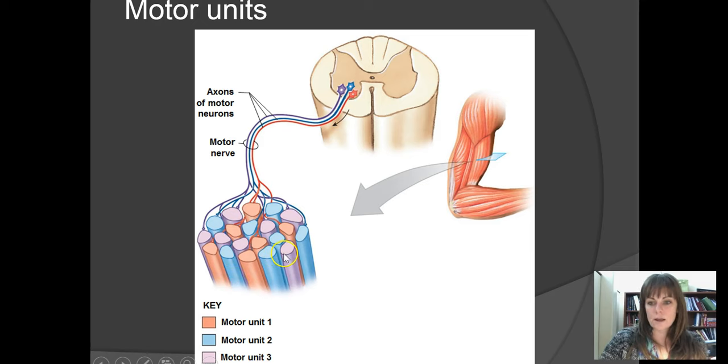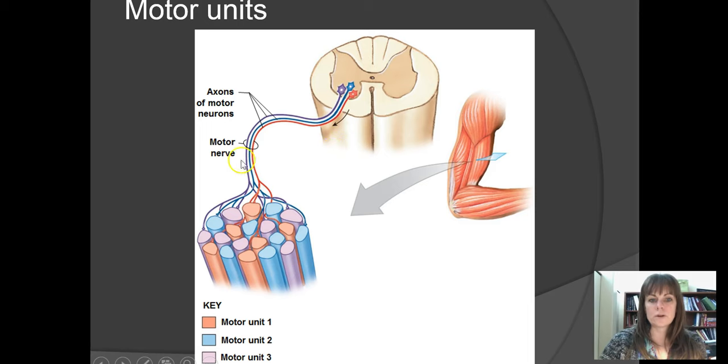Well, it turns out that we don't just have one motor neuron going and hitting a muscle. We're going to have several motor neurons that carry nervous impulses, and they're going to go and touch cells within this muscle. Now, notice that they're color-coded. So this red motor neuron is going to touch a certain number of these muscle cells.